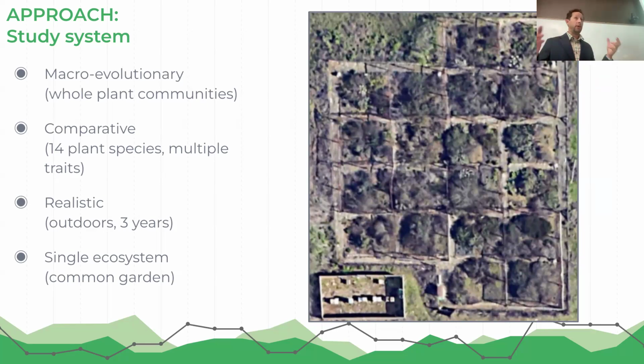And so we have interannual variation folded into this, and it's a single ecosystem. So we're not looking at multiple ecosystems along, let's say, a latitudinal gradient or from shoreline inland. We're looking at everything in the same space, same time. And so we feel like this approach will help us address some of the blind spots of traditional ways of approaching these questions.